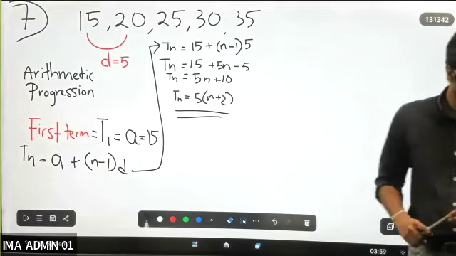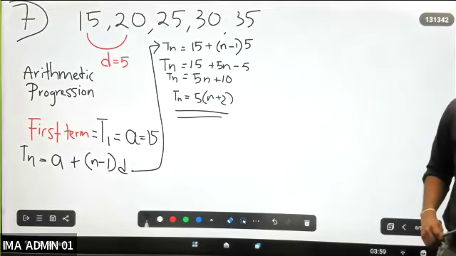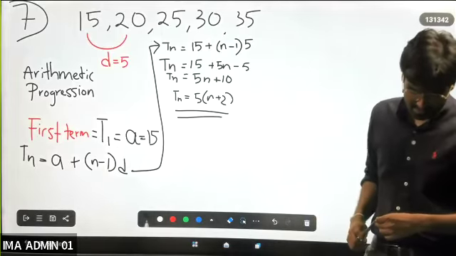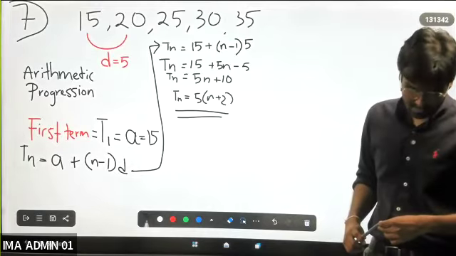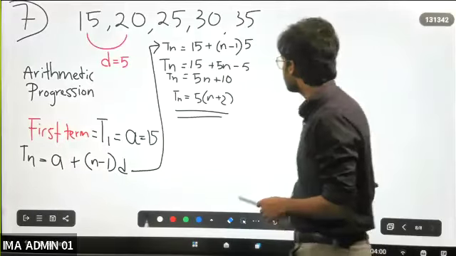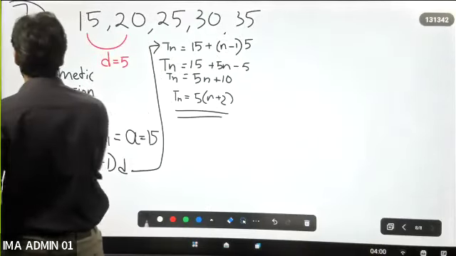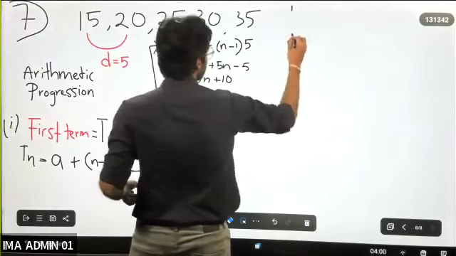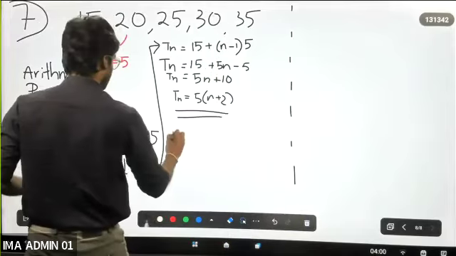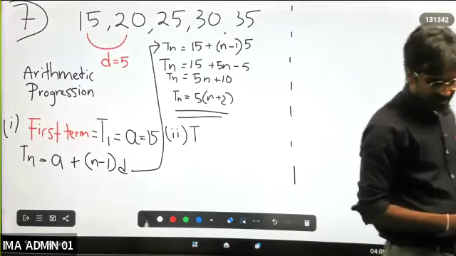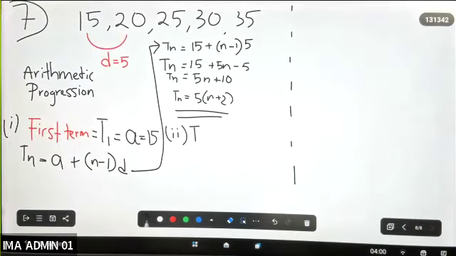They're asking which day it is going to happen that the patient takes 80 milliliters. We have simplified this Tn into a simpler form, so we could use the same equation for this. They are simply asking what's n, but we know the Tn value is 80.